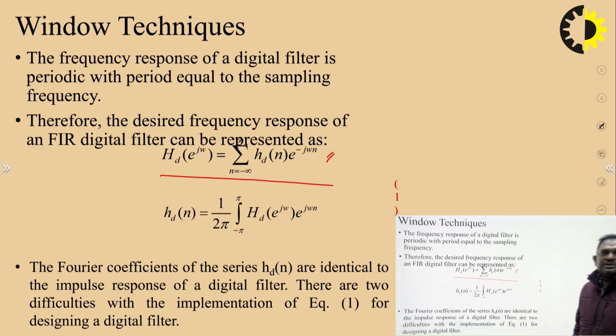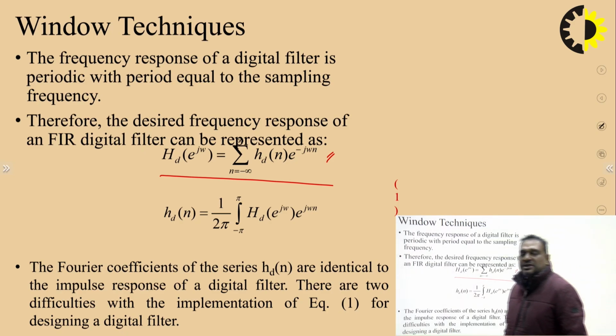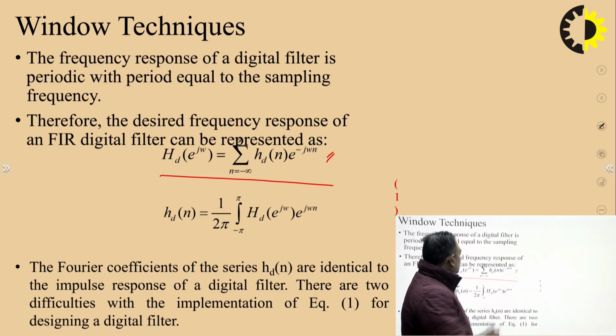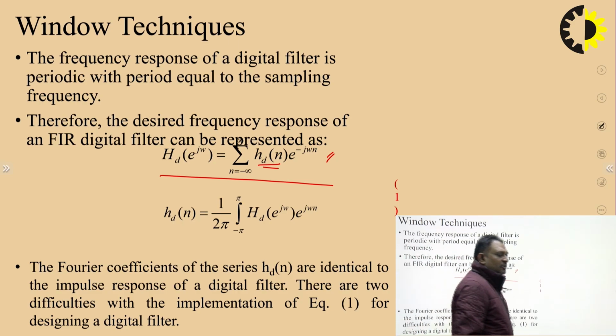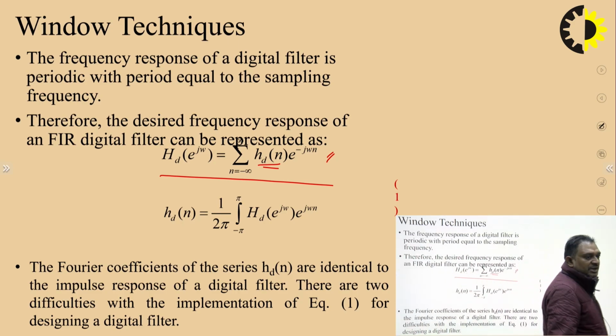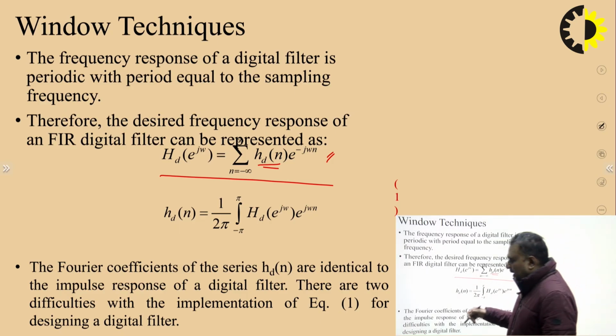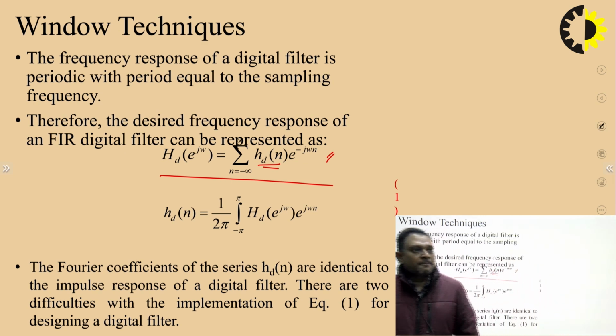In this case the frequency response is nothing but the discrete time Fourier transform applied over the impulse response, wherein hd(n) is our desired impulse response. And always our desire is to design an ideal filter. So we will assume that it is the frequency response for an ideal filter.